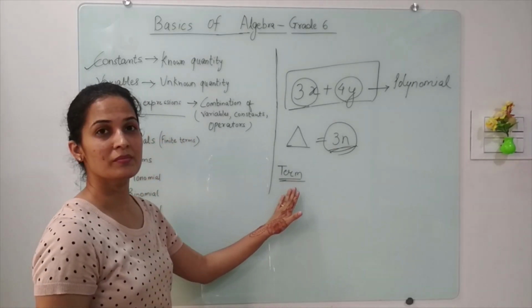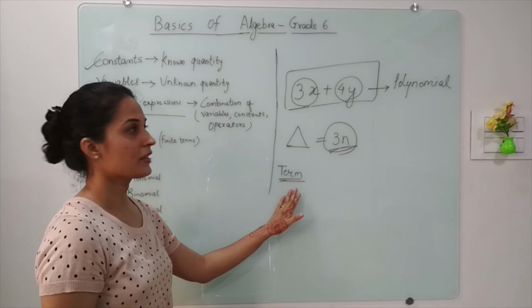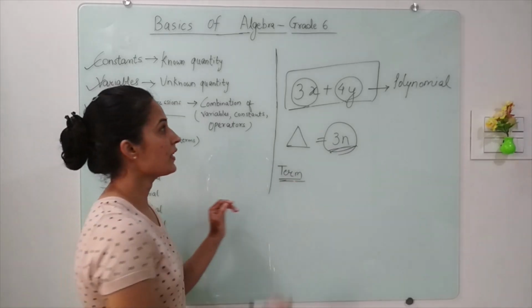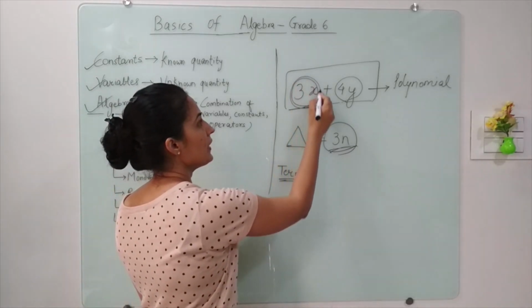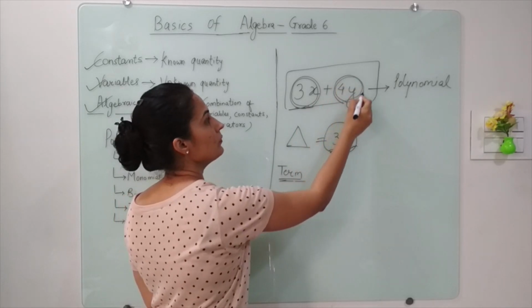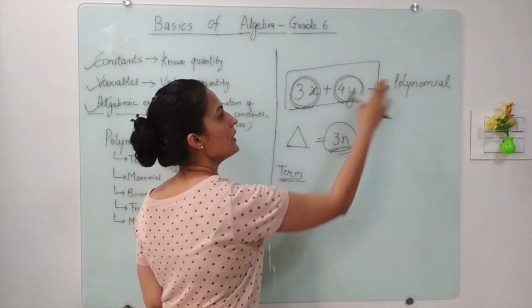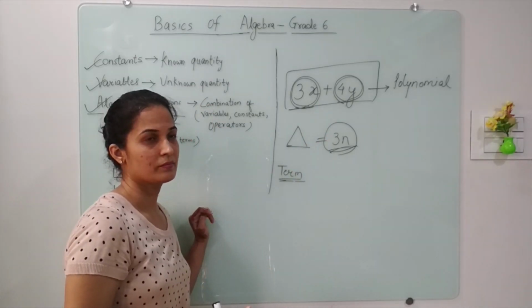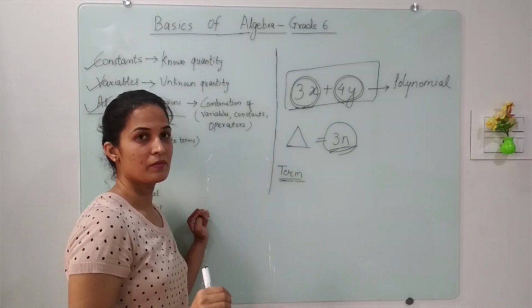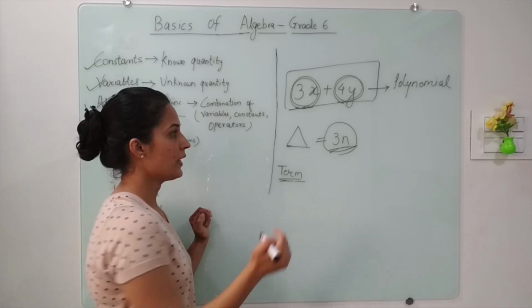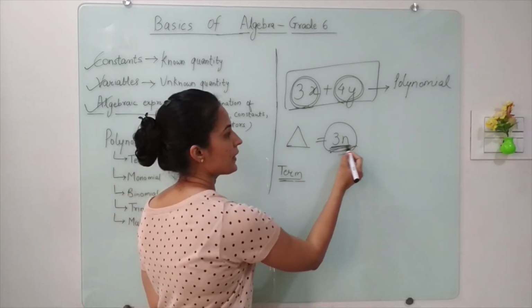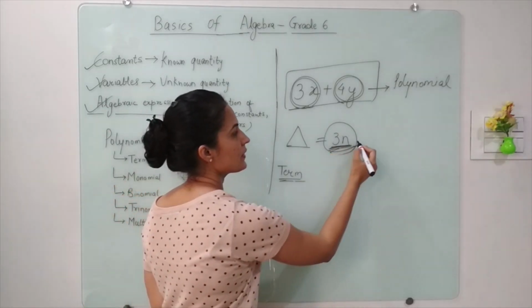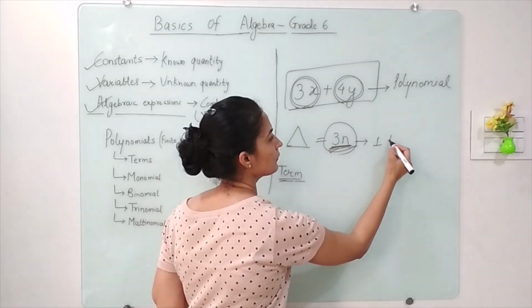A term is each item in the polynomial separated by plus or minus. For example, in this particular algebraic expression, this is only one term.